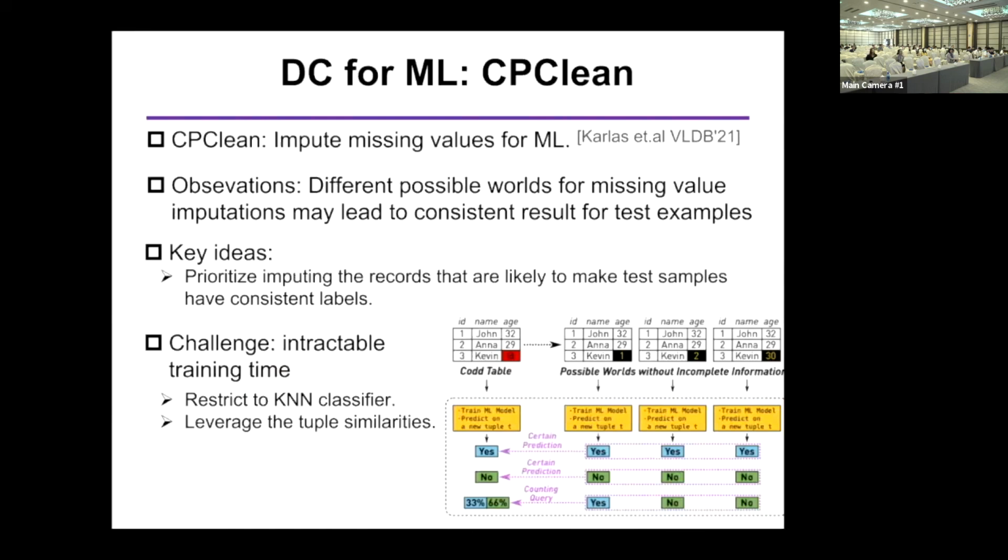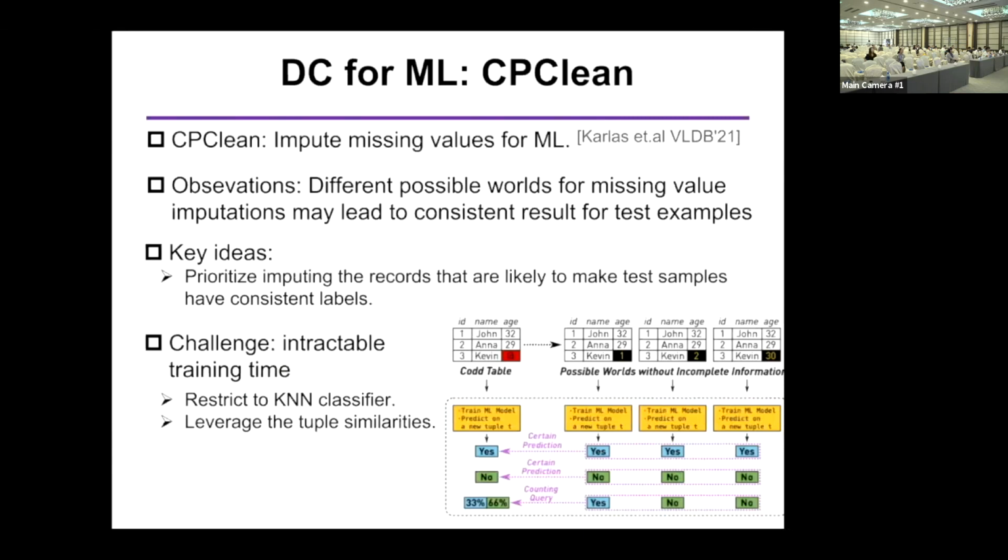Intuitively, if all test examples are certain predictions, it is wasteful to impute the missing values. Therefore, the optimization goal of CPClean is to prioritize imputing the records that are likely to make the test examples have consistent labels. That is, to be certain predictions.